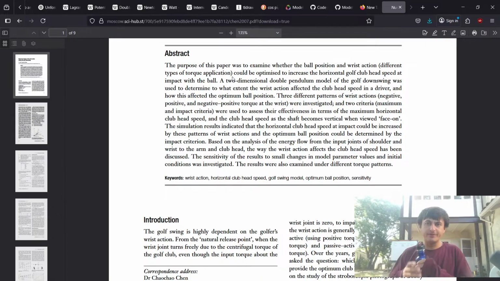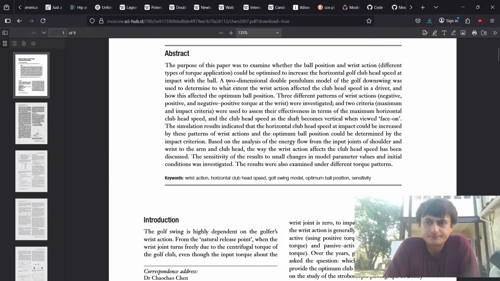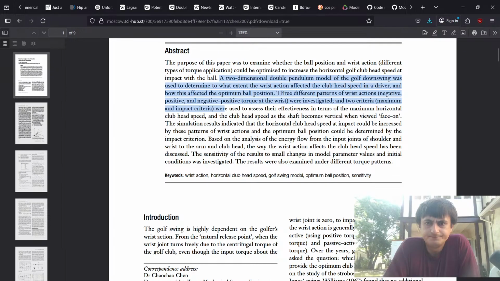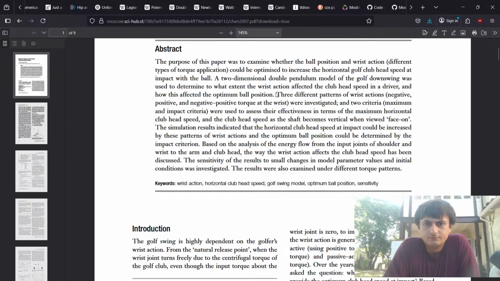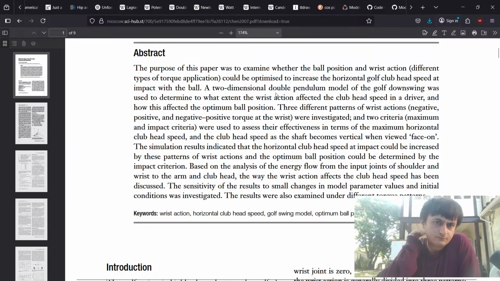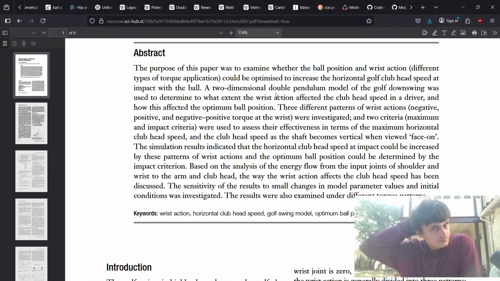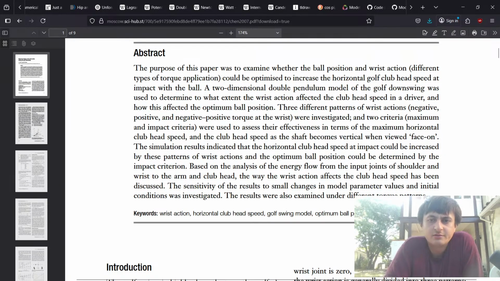A two-dimensional double pendulum model of the golf downswing, ball position.